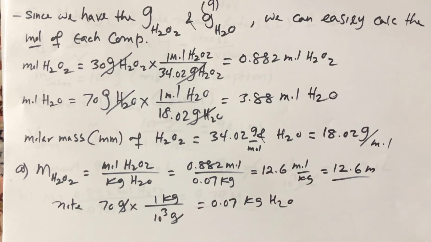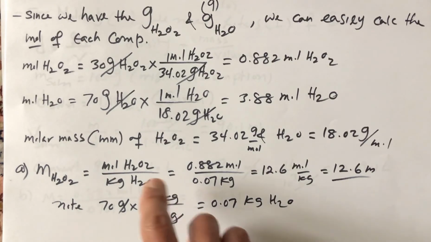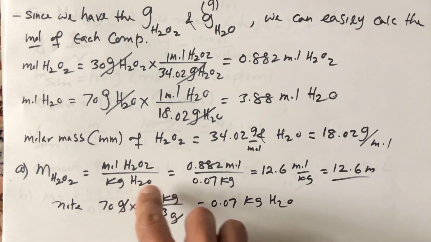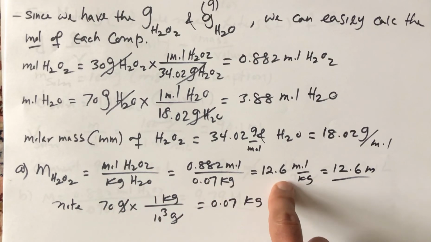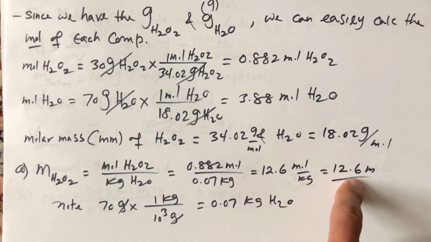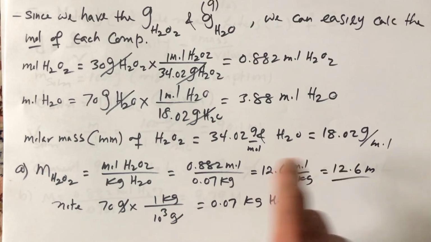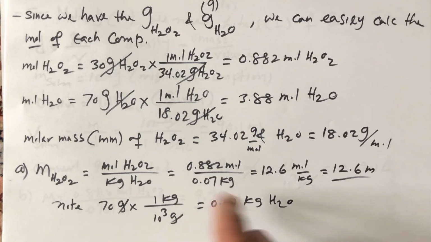Remember, we have 70 grams of water, but we need to convert that to kilograms, so we divide the 70 grams by 1,000 to get this number. So we get 12.6 molality for the solution. I've indicated that here: the kilograms is 70 divided by 1,000.